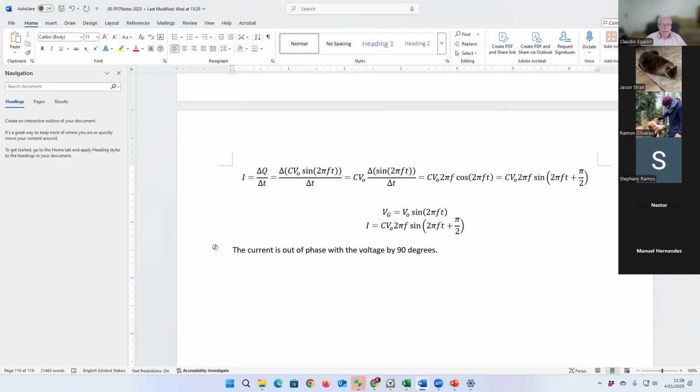We also say that the current of the circuit leads the voltage by 90 degrees.